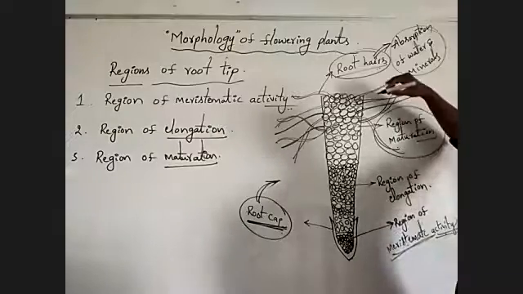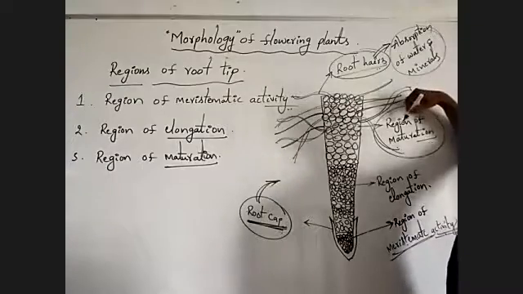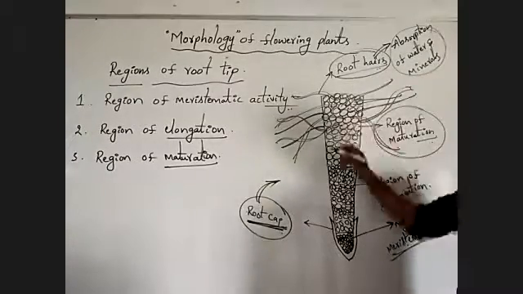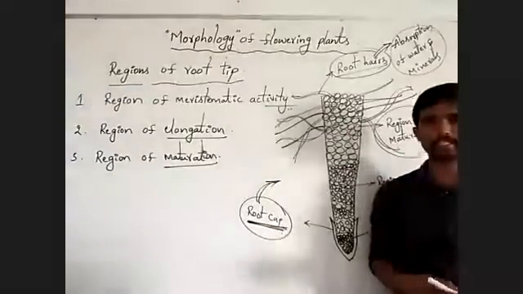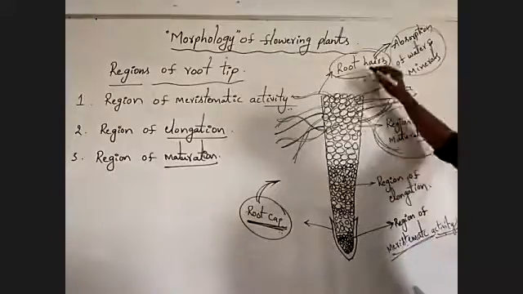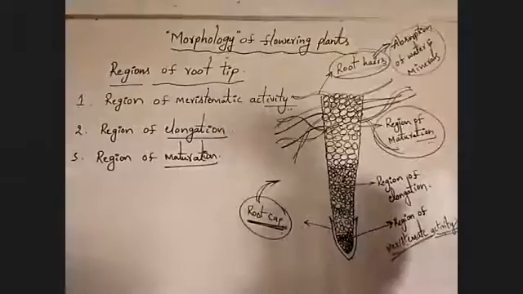Okay, next, this is the third region. From the region of maturation, root hairs, or hair-like structures, are developed. What is the main function of the root hairs?